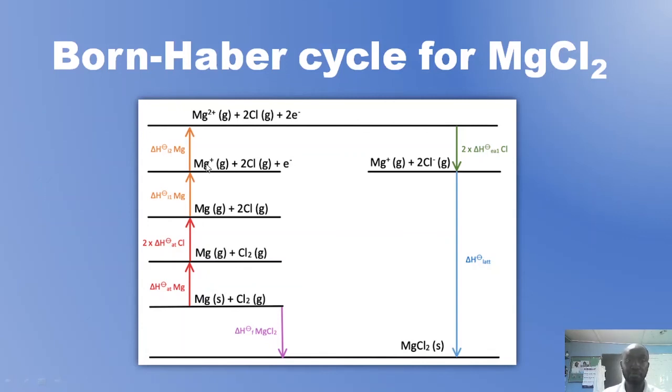Then the magnesium plus also becomes magnesium 2 plus. Then these 2 electrons are accepted by the chlorine atoms to become chloride ions, and I think this should be 2. Then they combine to give you magnesium chloride solid. So from this point to that point is the lattice energy.